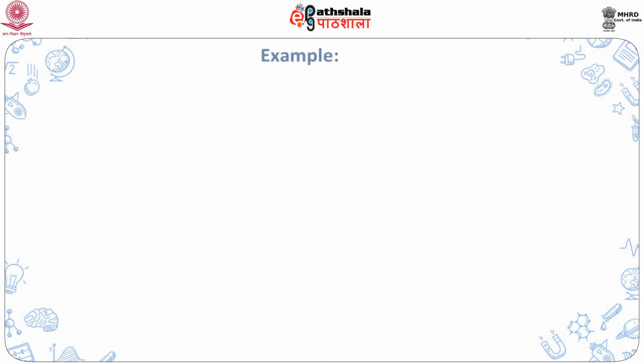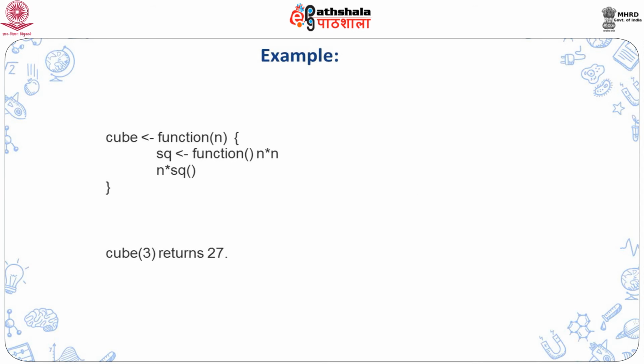So, let us quickly look at another function which is called cube. We all know the cube of a number, and here it is shown as a function of n. First we define a square function, and then we define a cube function with the help of this.